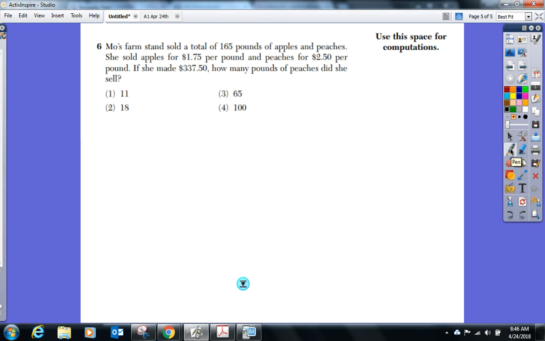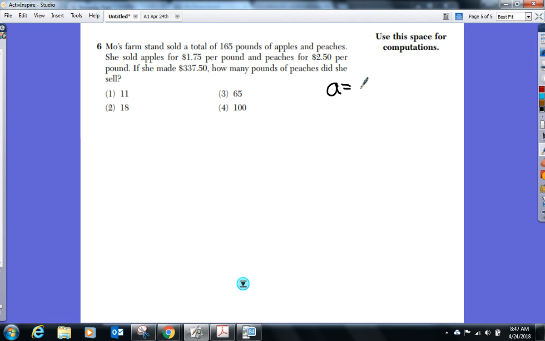Yep, per pound she made $3.75. How many pounds of peaches did she sell? Okay, no problem. So we're going what? Peaches and apples. All right. So we'll have A for pounds of apples, and we'll have P for pounds of peaches.